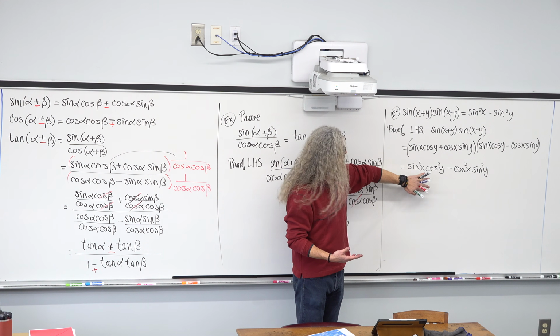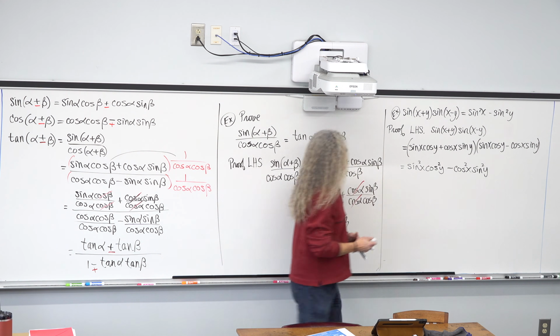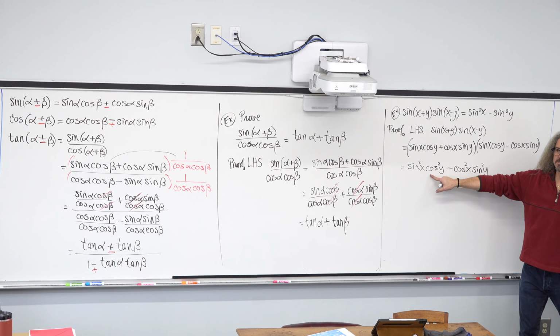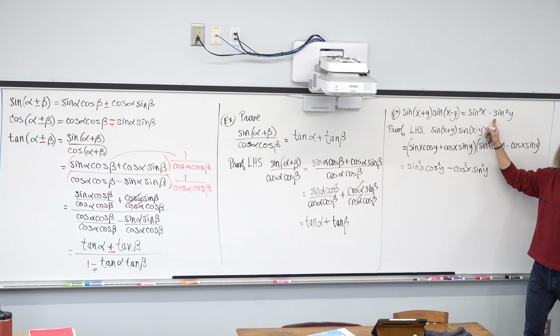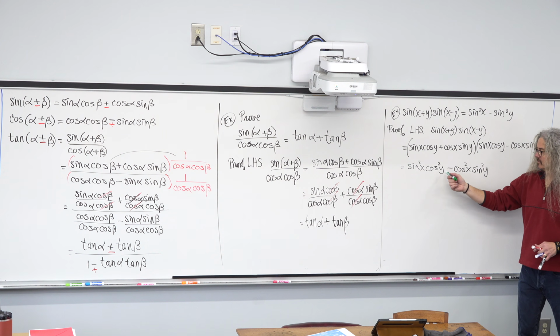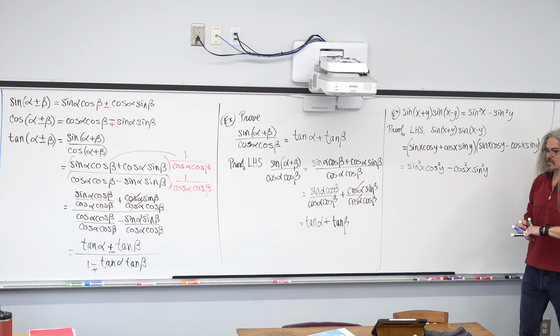What's the same and what's different about where we are and where we're going? Our current expression has cosine functions in it, and our answer does not. So how might we remove these cosine squared functions and basically replace them with sine functions?